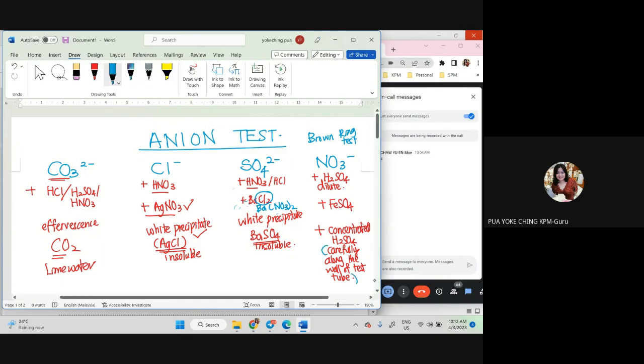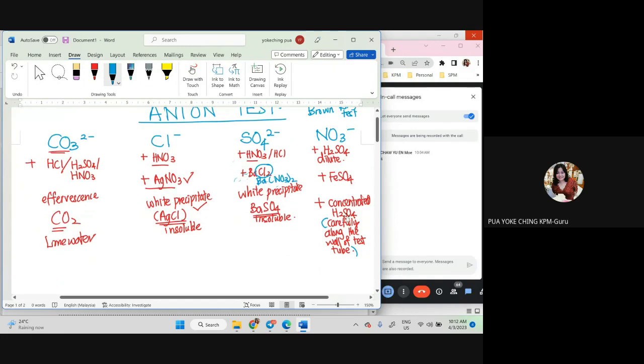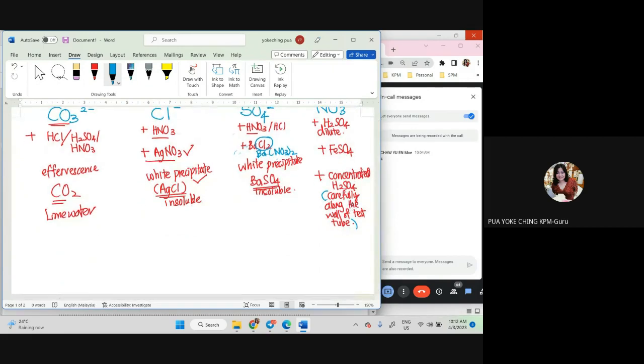So kita faham lah. You titis di tepi, nanti dia akan go down carefully. So, dah betul 3 ni, then your observation is brown ring form. Okay?